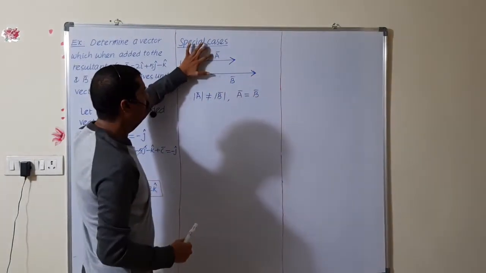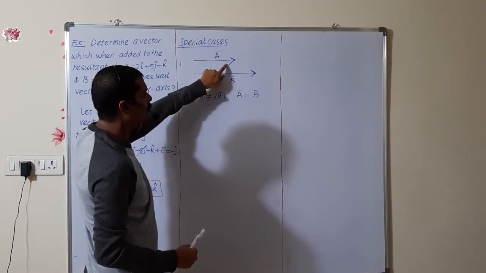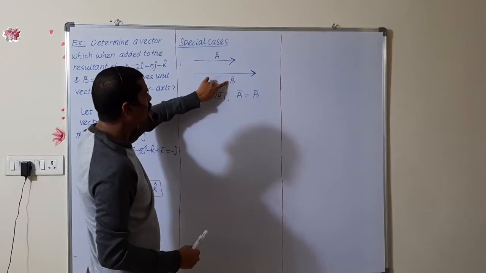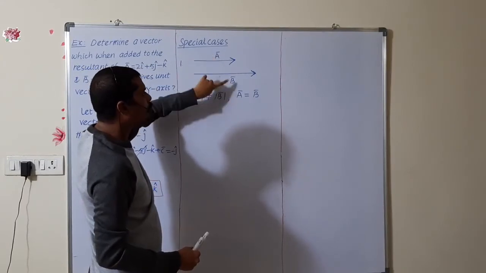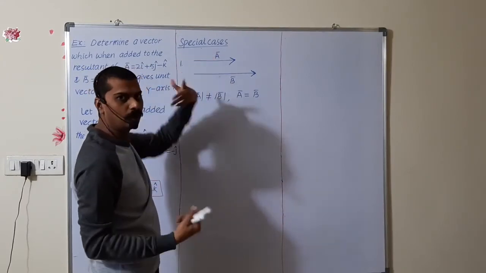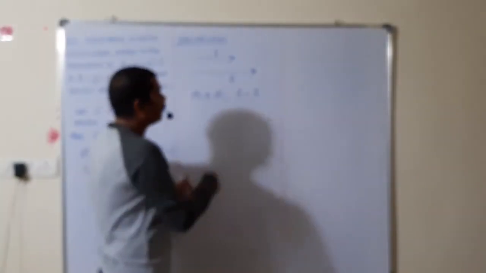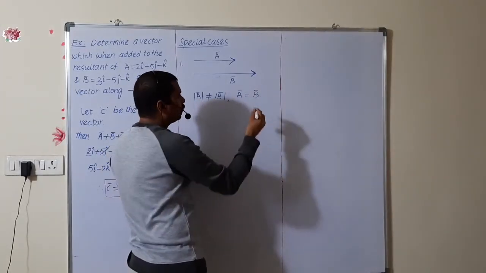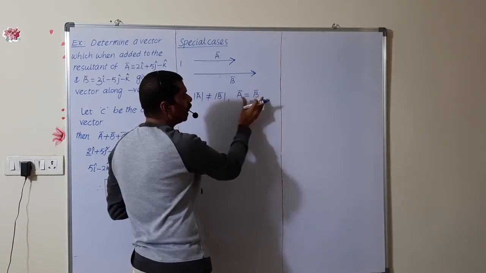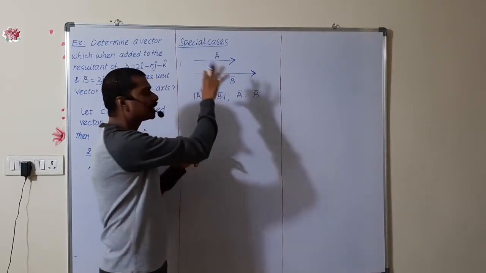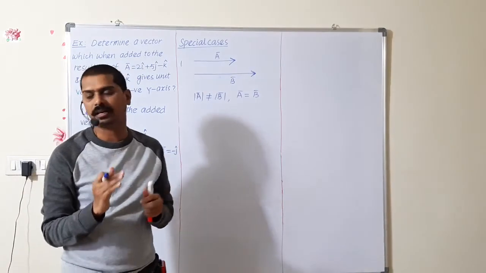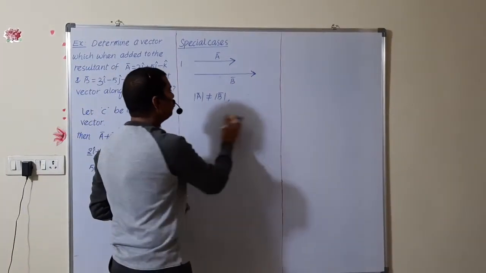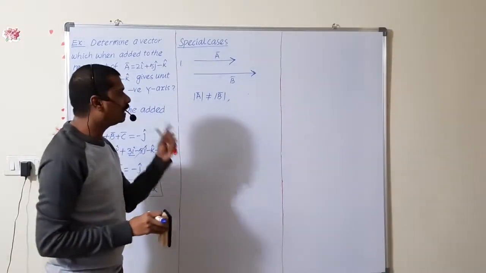The magnitudes are different, but the direction is the same. Here vector B is greater than vector A. How many times is it greater? We don't know. We want to satisfy the condition because these two are parallel vectors: the magnitude is unequal, but the direction is the same.